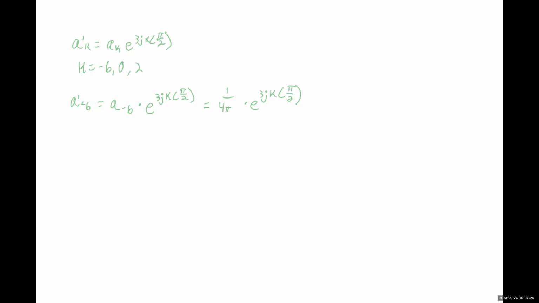So you don't plug in the k to that e to the k part? Yes, you should. Sorry, I was just realizing I had missed that. Thank you. All right, perfect. And now we can simplify this. We get 1 over 4 pi times e to the negative 18j times pi over 2.